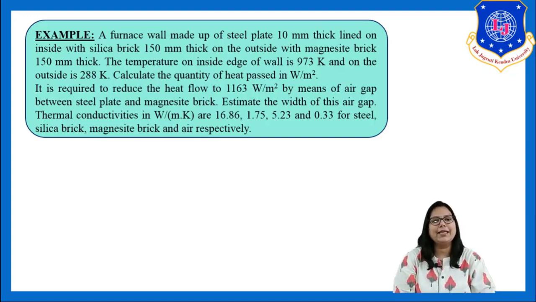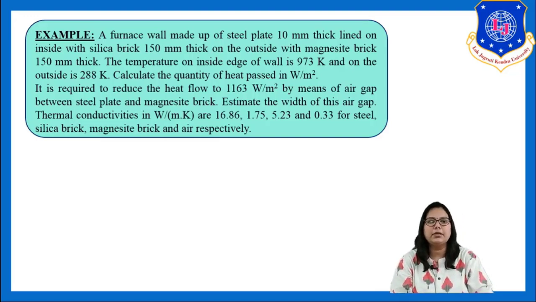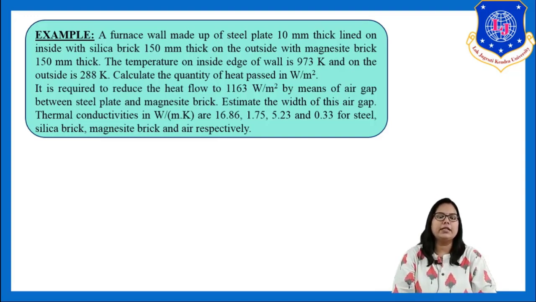That means in case 1, it is a composite wall made up of three materials: steel plate, silica brick and magnesia brick, and thickness of all the three materials were given. The temperature on the inside edge of the wall is 973 Kelvin and on the outside it is 288 Kelvin. So T1 and T2 are given, 973 and 288 Kelvin.